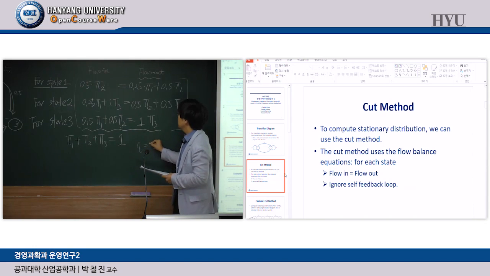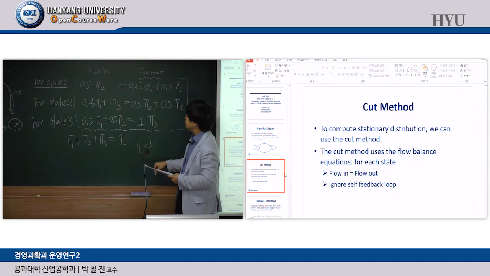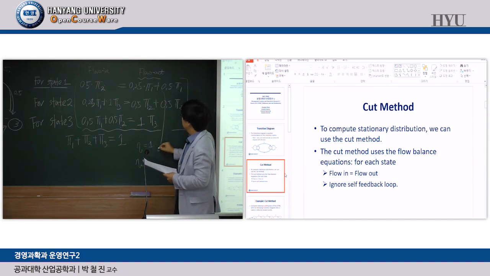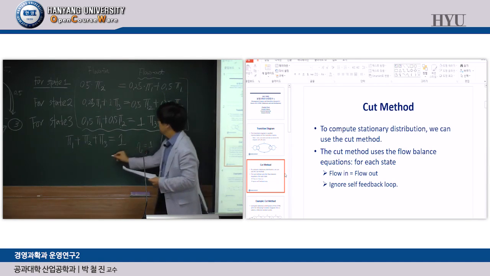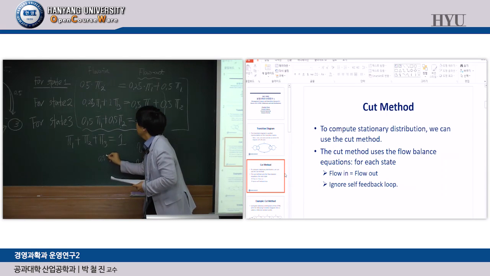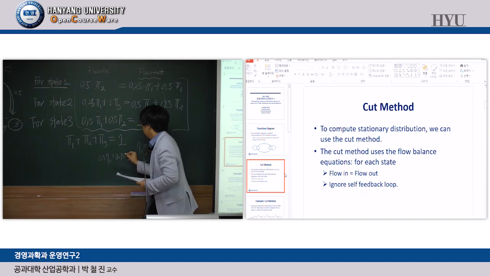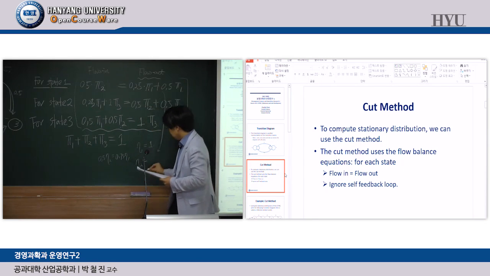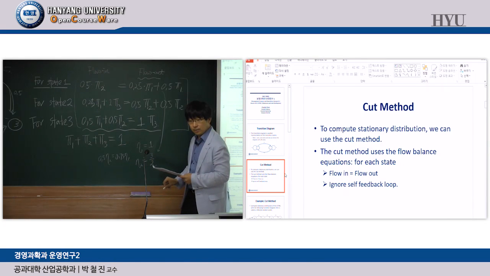When we fix this one as 1, okay? Then eta 2 is from this, what do you think? 0.5 eta 2 is 0.75 eta 1, right? So 3/2, right?